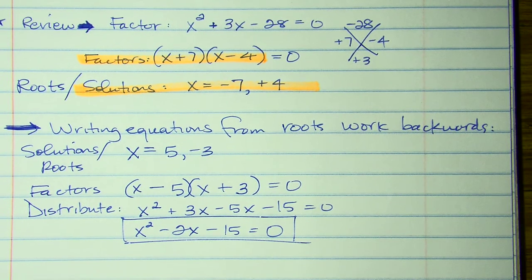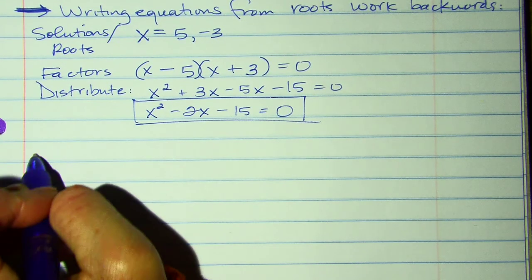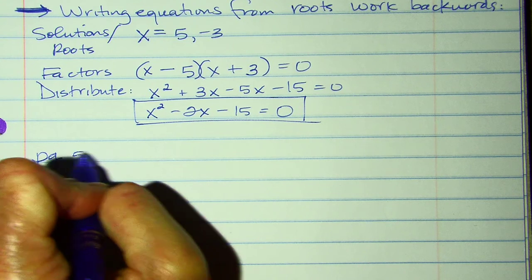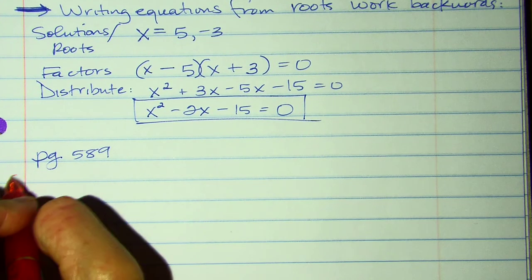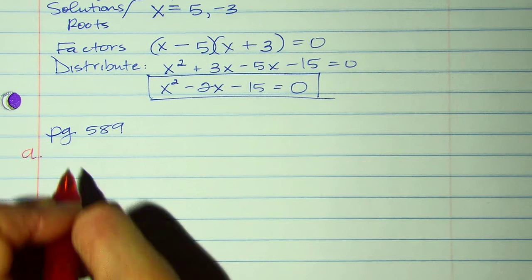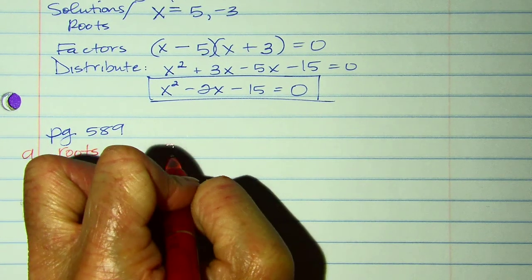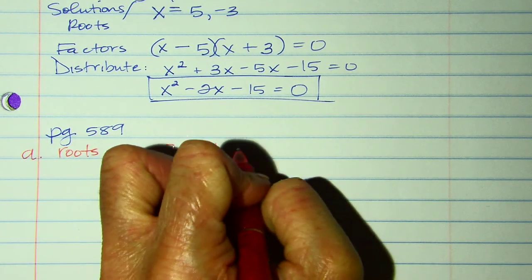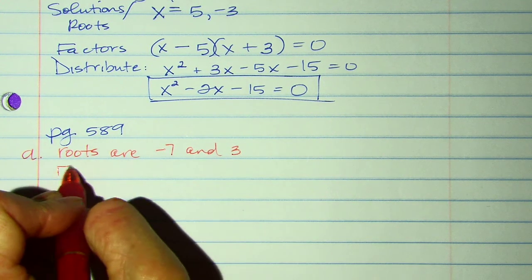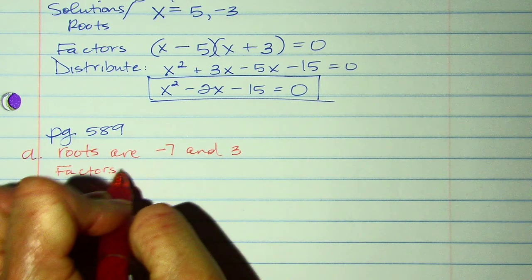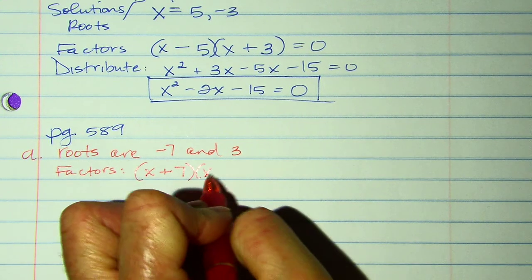So that's it. We are going to jump into our lesson practice, which is on page 589, starting with part A. In part A, they've told us our roots are negative 7 and 3. The first thing we're going to do is write our factors. That would be x plus 7 and x minus 3.